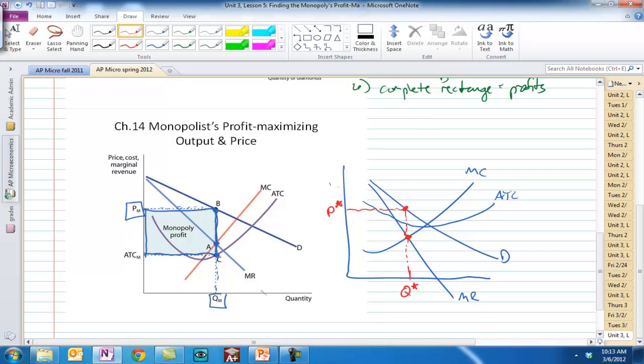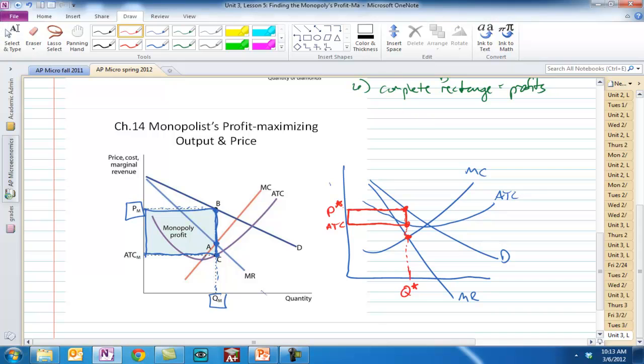So there's our price and quantity. And now the area of profits, back to our demand curve, down to ATC, so stop there. Extend that over, there is our area of profits. We can call that the average total cost. That part right there. Okay, so that's the method.